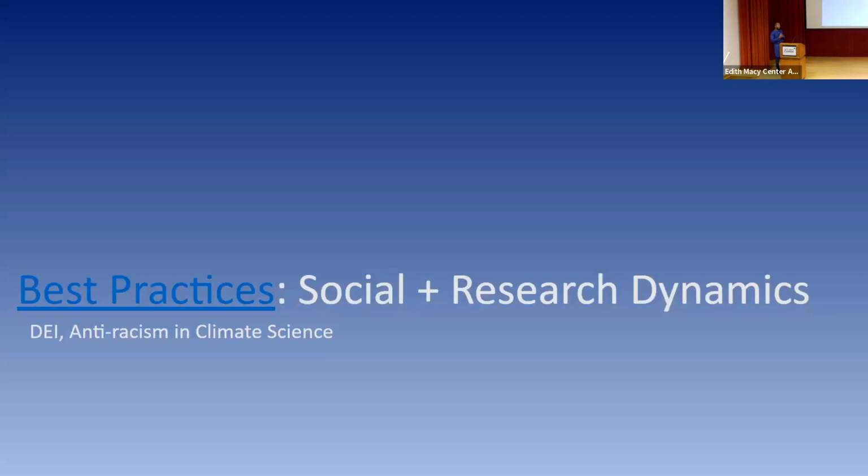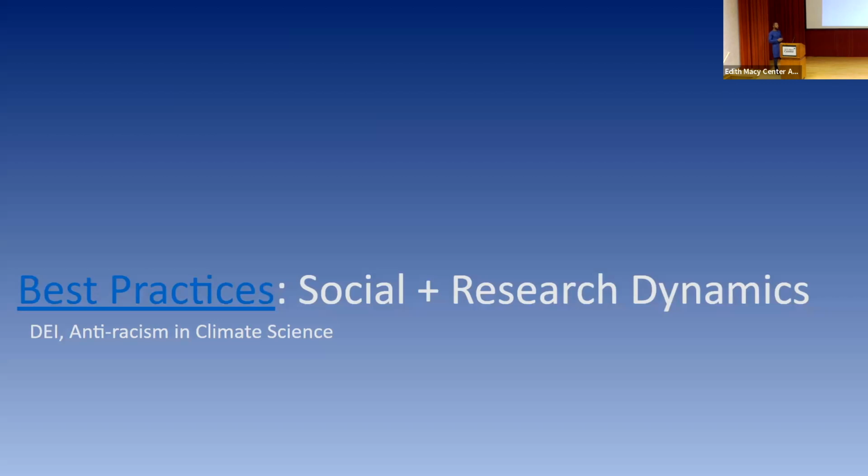All right. So I want to talk a little about some best practices real quickly, and mostly I'm just going to point you towards a resource that you can use. Again, I'm really interested in anti-racism in my work, so creating racial equity and addressing racial inequities. I'm less the diversity and inclusion expert per se.